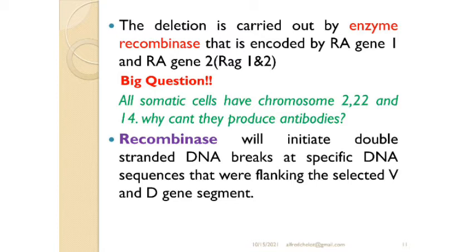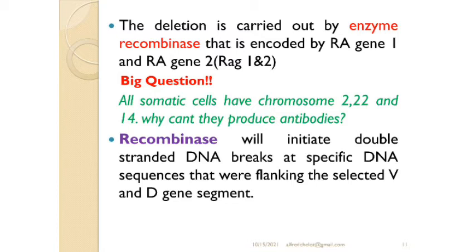This is because only the B and the T cells can express recombinase with the help of RAG1 and RAG2. That is the reason why only they can produce antibodies: they are the only ones that can express the recombinase enzyme.